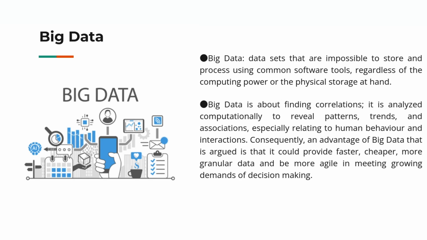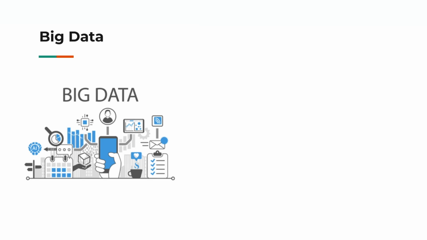And therefore, an advantage of big data that has been argued is that it could provide faster, cheaper, and more granular data because it is more agile in meeting the growing demands of huge data sets that require to be analyzed for purposes of providing insights for better decision making.